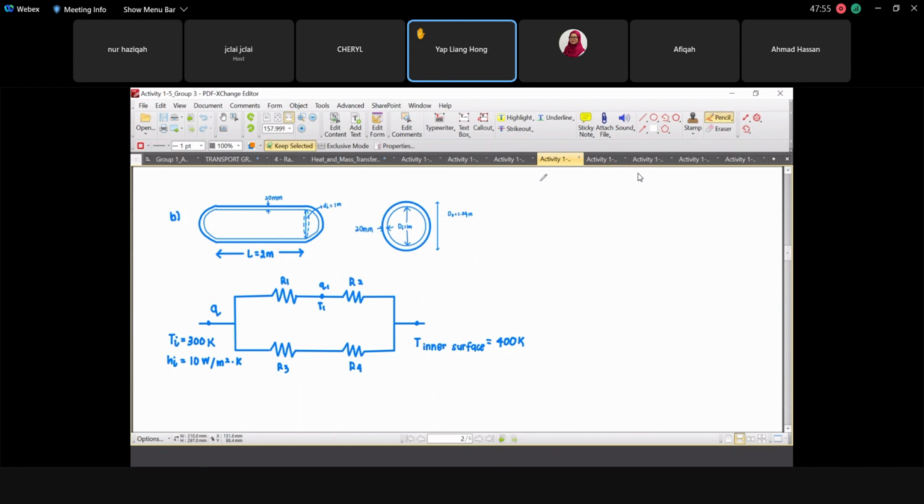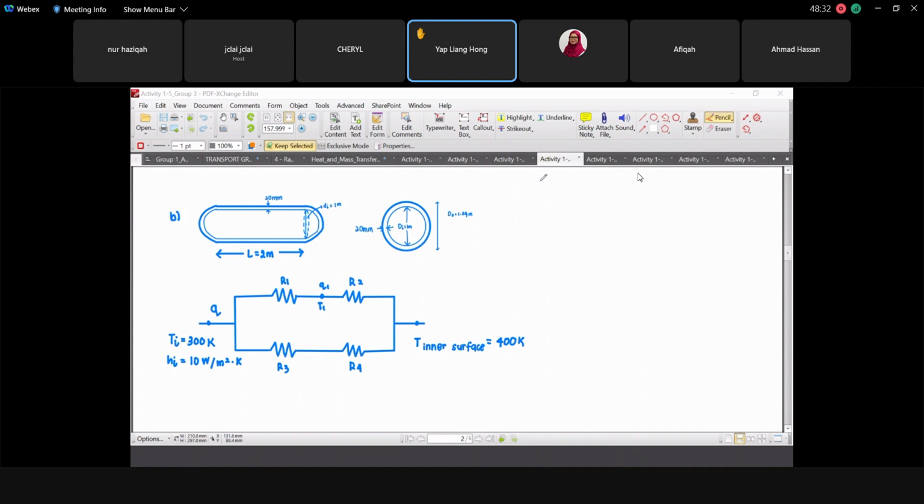From what I understand, the two parallel branches are: one for the cylinder, and the other for the sphere. I think the doctor also understands it like this. The Q for the sphere, the two hemispheres, is the same, and the Q for the cylinder is another Q. So it divides into two branches, and I understand the second resistance.